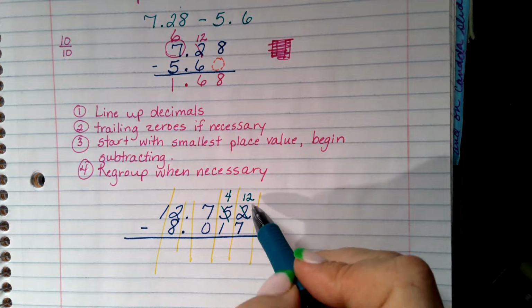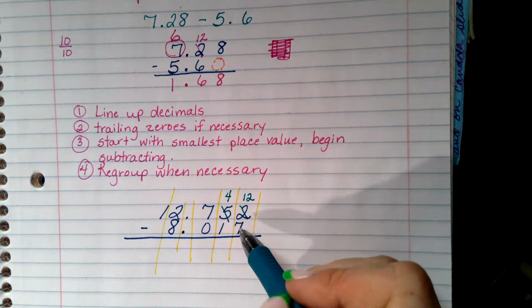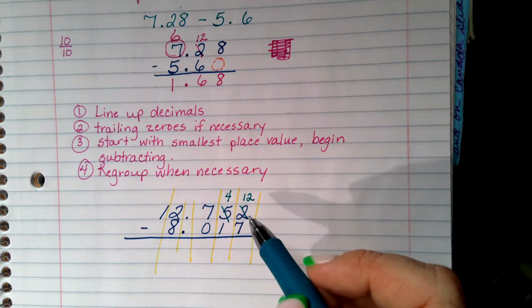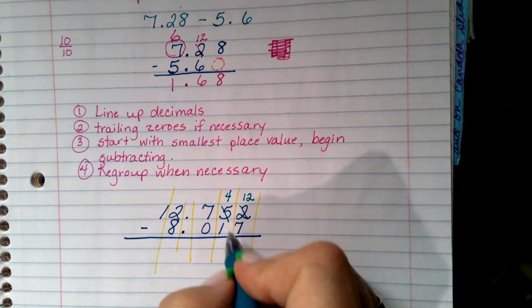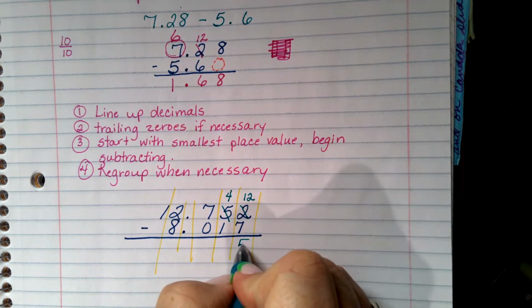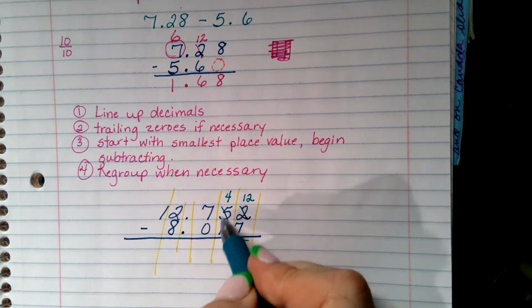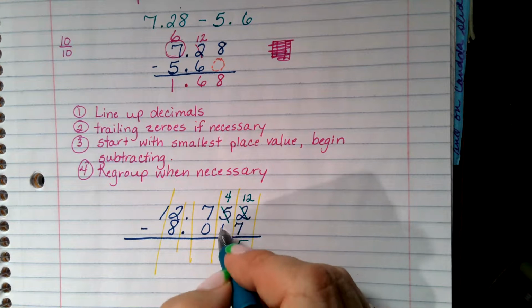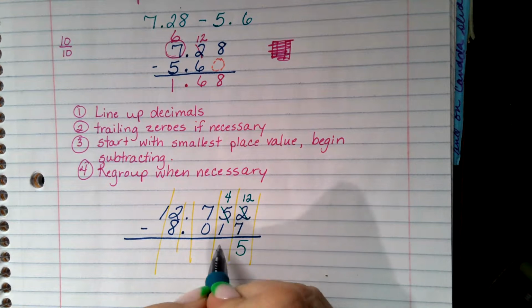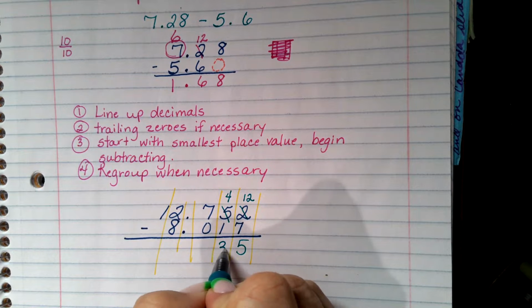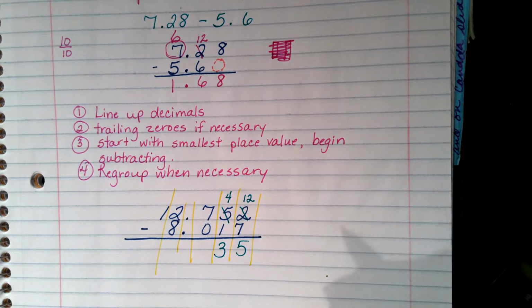We can. 12 minus 7 is 5. Can we do 4 minus 1? Yes, we can take 1 away from 4. 4 minus 1 is 3 hundredths.